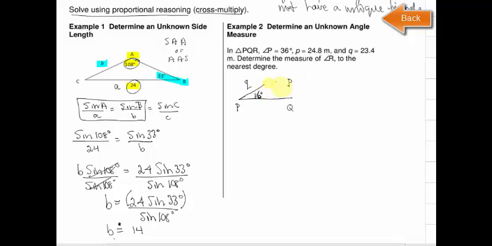So I'm going to try and draw them as best I can to close to the same length, where P is equal to 24.8 meters and Q is equal to 23.4 meters. And my third angle is R, and its opposite side would be here. Okay, so I want to figure out what angle R is.